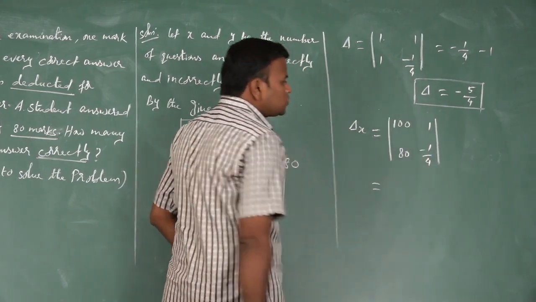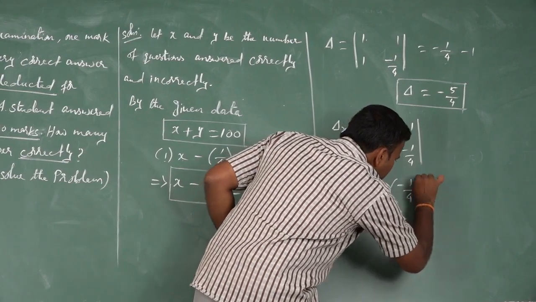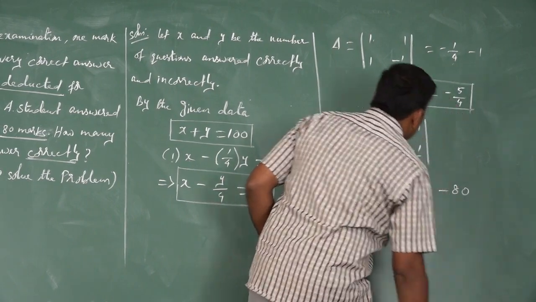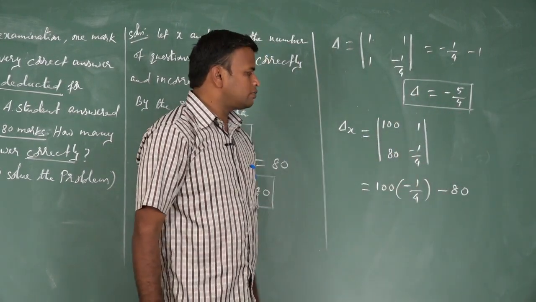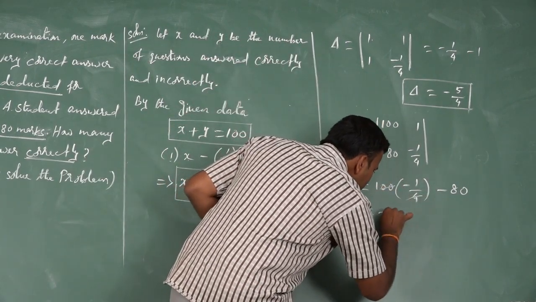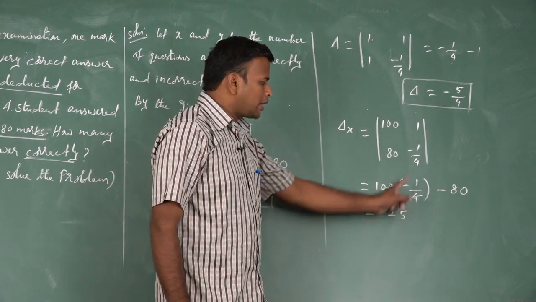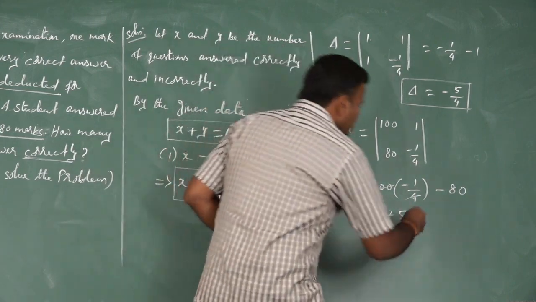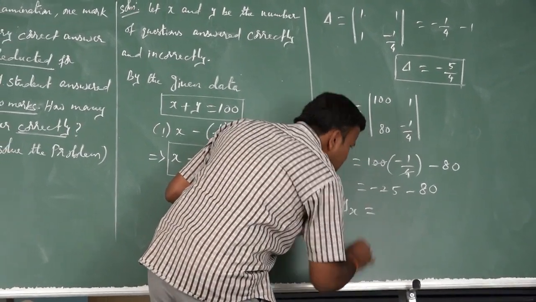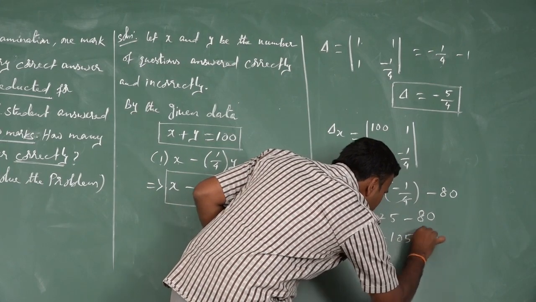First we multiply these two values, 100 into minus 1 by 4, minus 80. In the fourth table, 100 is exactly 25 times, minus 1 is there, so minus 25 minus 80. So the value of del x is minus 105.